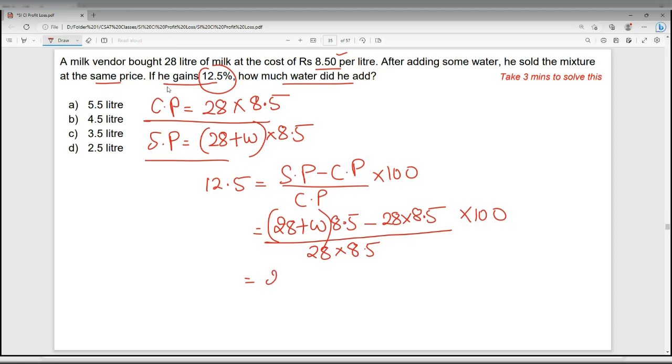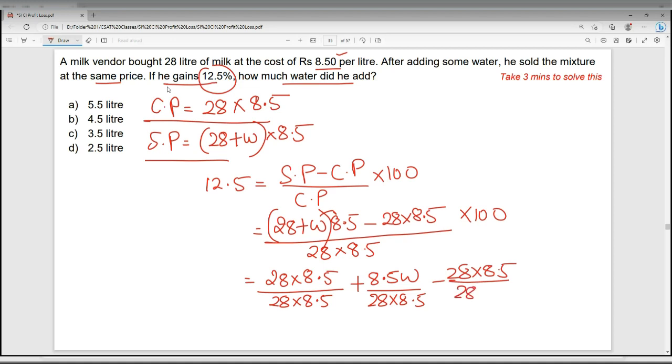This is 28 into 8.5 divided by 28 into 8.5, plus 8.5 W, these two numbers, divided by this denominator 28 into 8.5, minus 28 into 8.5 divided by 28 into 8.5, into 100. I will take that as 12.5 divided by 100.